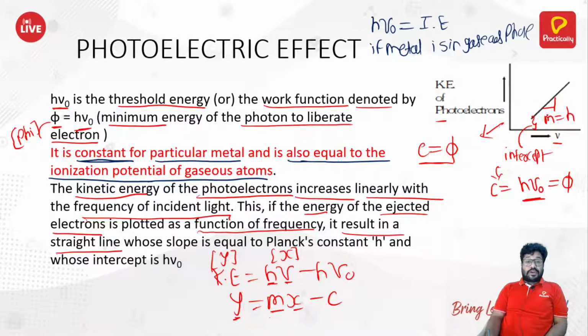That was why you got a straight line, right? Otherwise, you won't have got this straight line. So it gave us a straight line whose slope is equal to h. H is what? Planck's constant, right? And intercept is equal to h nu 0, which is also called as phi, work function or work potential.